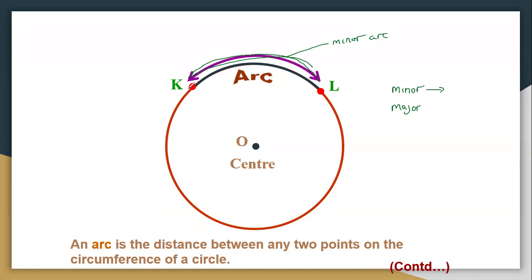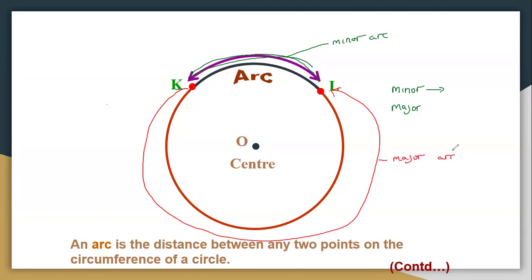Then this red one, the one you are not seeing, let me even use red for that one. This one here from K going like this is what we call the major arc. These terms are going to be very important when we start the circle theorems. We shall be talking about minor arc and major arc.